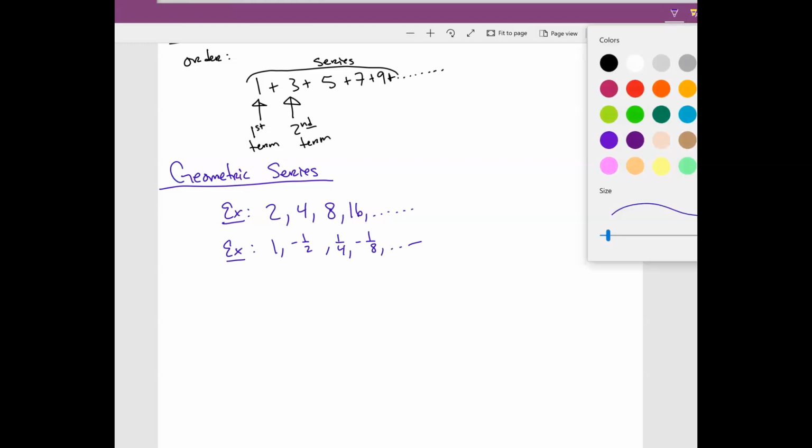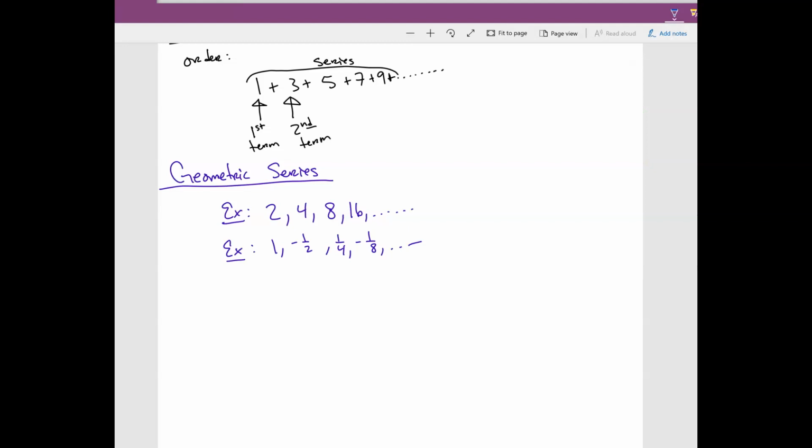The reason they're called geometric is that there is a multiple being multiplied for every term. In order for me to get from 2 to 4, I have to multiply by a factor of 2. From 4 to 8, I multiply by 2. From 8 to 16, I multiply by 2 again. So in this case, it's a multiplication of 2.